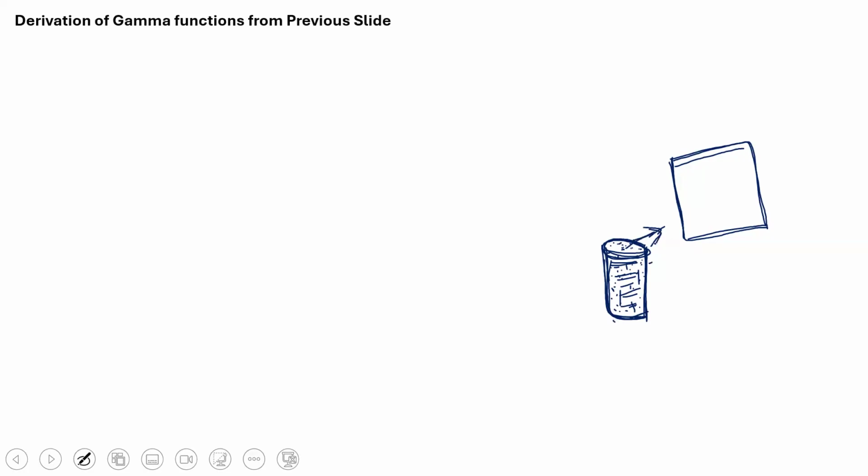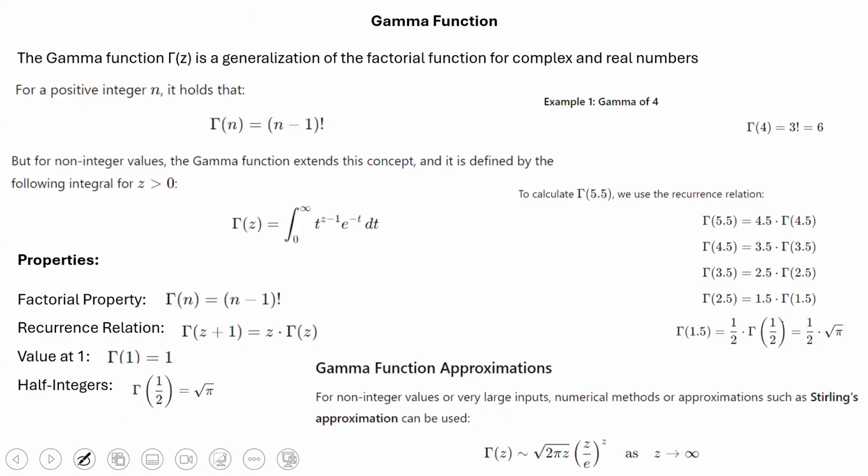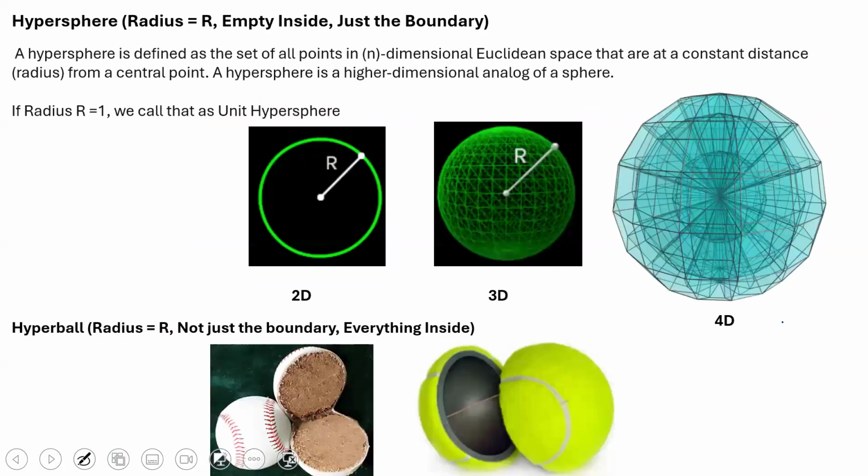Similarly, when you take the sphere, a hyperball is already filled with water, because the inside of it has to be filled already. If that is filled, then only we call that a hyperball. But hypersphere is something where the inside is not filled.